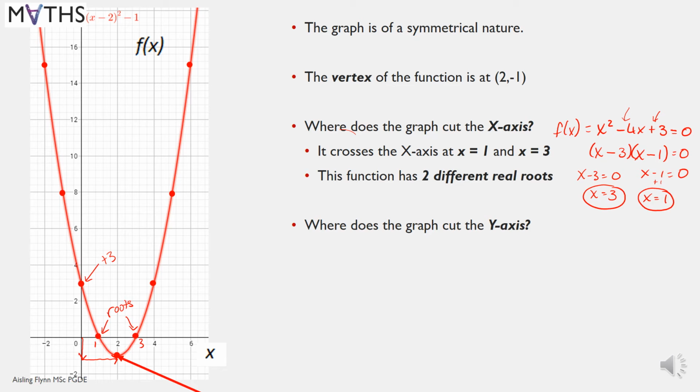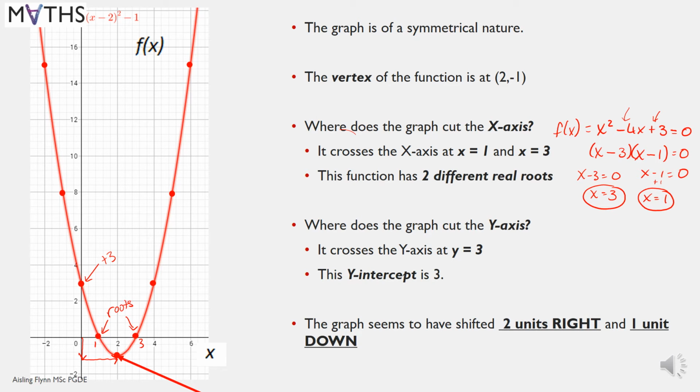The y-intercept we already mentioned at plus 3. So the graph seems to have shifted 2 units right and 1 unit down, given our function (x minus 2) squared minus 1.